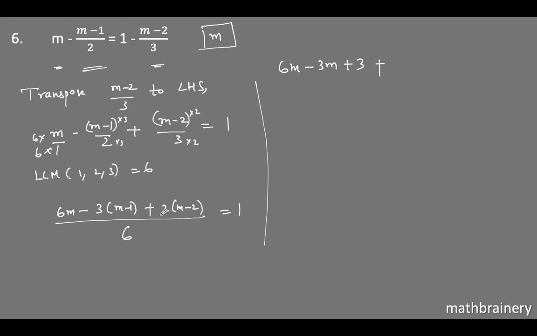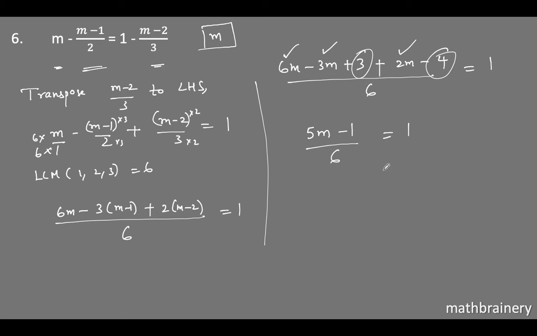Plus this 2 into (m − 2) will be 2m, minus 2 times 2 is 4, divided by 6 is equal to 1. Now what are the variable terms here? 6m, minus 3m and 2m. 6m minus 3m is 3m, 3m plus 2m is 5m, and this 3 and minus 4, 3 minus 4 is minus 1, by 6 is equal to 1.